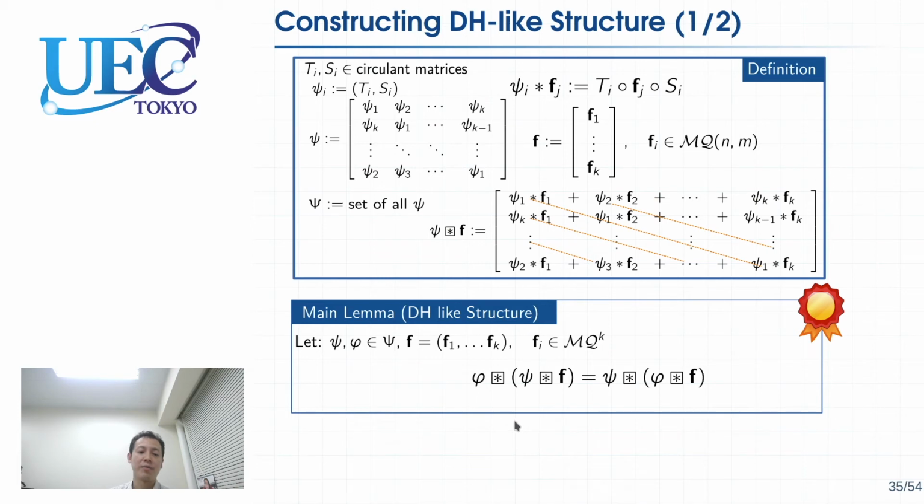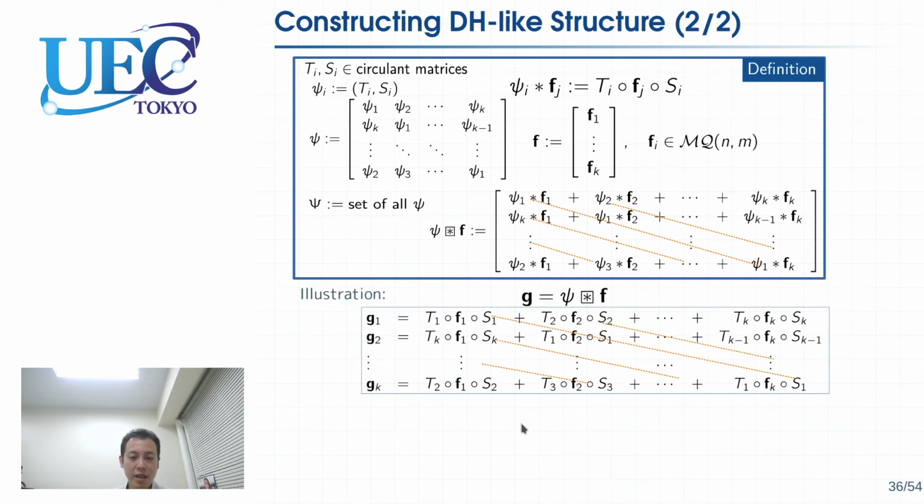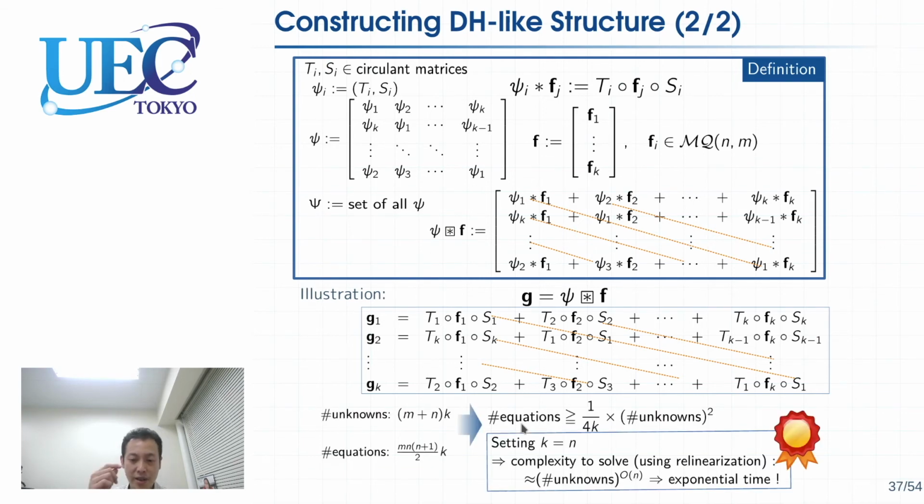So we get back the DH structure. And by analyzing the number of unknowns and equations, we know that we can set k to a value such that the complexity of solving this system using relinearization becomes exponential.